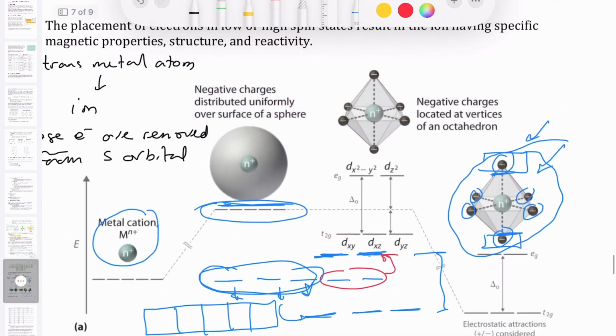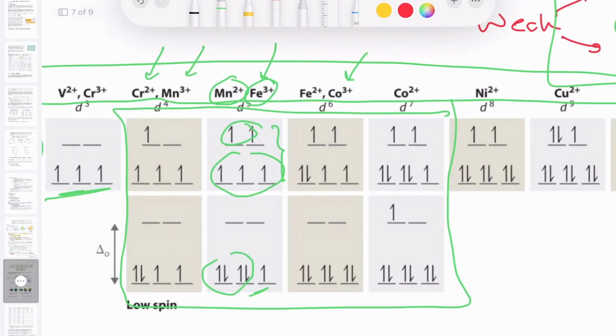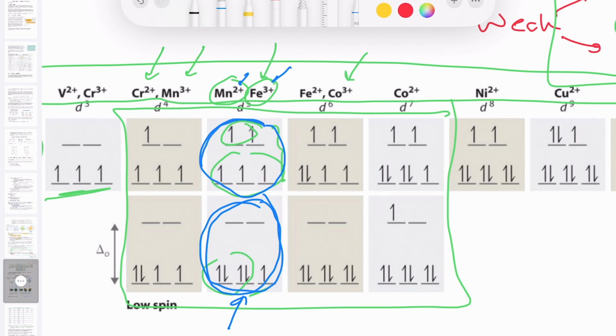So if you go back to the diagram that I just showed you with the 5 electrons here, as you can see, if I have either an iron or manganese ion, depending on how those 5 electrons are split, I can have something that is relatively low paramagnetism, which is the one at the bottom here, or I can have something that's pretty highly paramagnetic, because all 5 electrons are single electrons. So that actually explains how the complex ion is going to behave with respect to, again, magnetic property. And we can talk about the next one here on the right of that 5 electron one, which is 6 electrons.